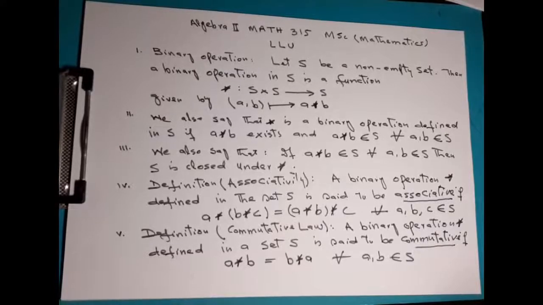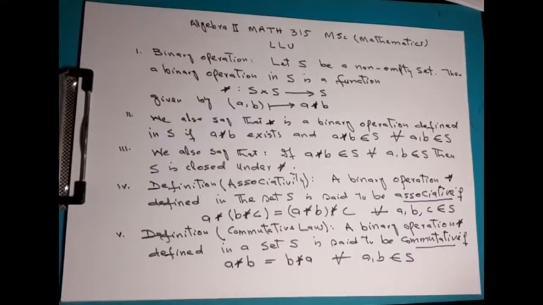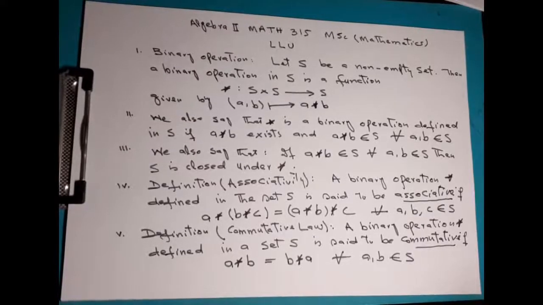And you know that addition is a commutative binary operation in the set of real numbers. Similarly, multiplication is also a commutative binary operation in the set of real numbers.